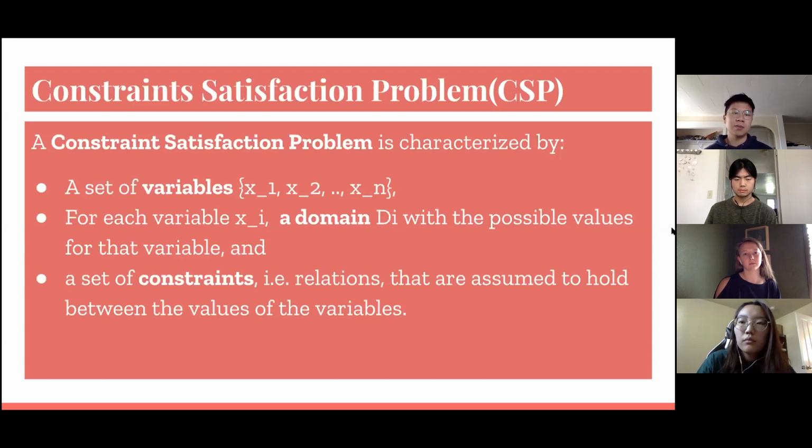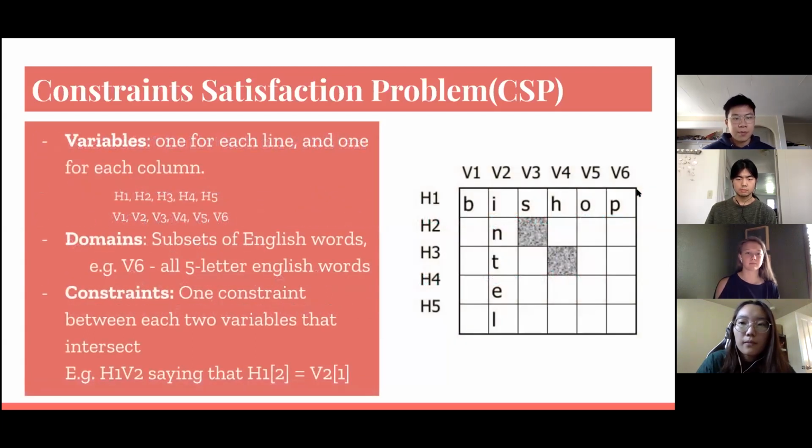So how does this apply to our crossword puzzles? If we can go to the next slide, please. When we're looking at the crossword puzzle as a constraint satisfaction problem, each variable is the line that we're going to place the words into. As the example shown on the right, we have the vertical and horizontal lines that we need to fill in with words, and each line is going to be a variable.